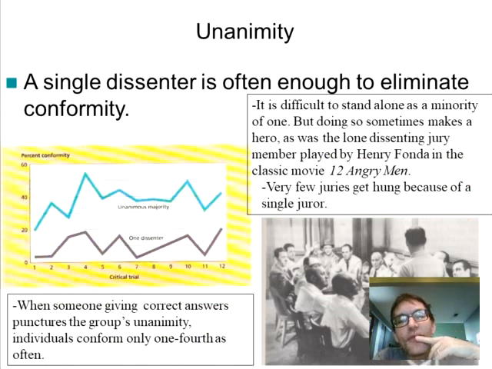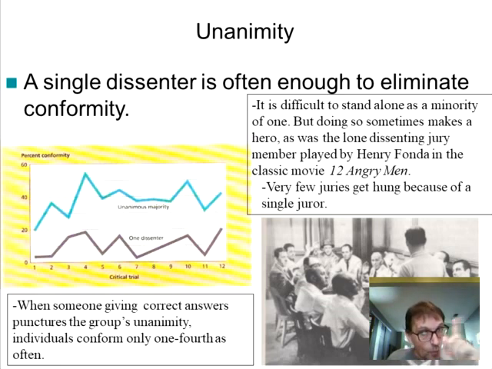Unanimity, funky word. Again, this graph here on the left is actually results from Asch's work. He had those 5, and on some trials all 5 would give the wrong answer. On other trials, one of those previous 5 would give the correct answer, while 4 gave the wrong answer.